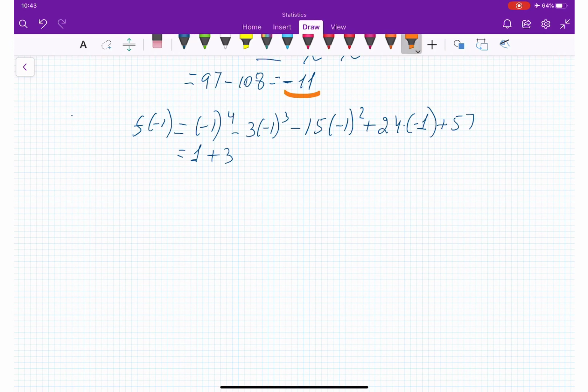Next, we are going to work on -15 times -1 squared. So -1 squared is +1 times -15, which is going to be -15.